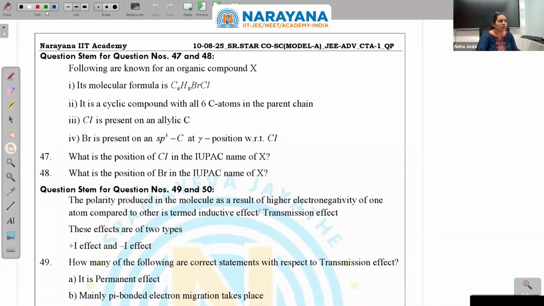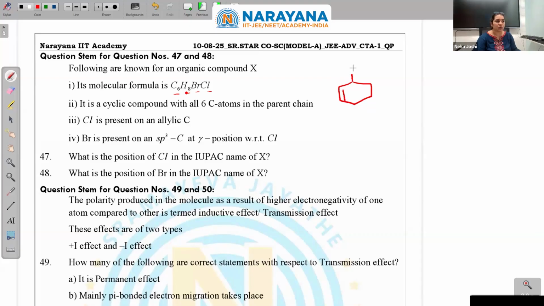Following are known for an organic compound. Its molecular formula is C6H8BrCl. It is cyclic with all 6 carbons in the parent chain. Cl is present on an allylic carbon.